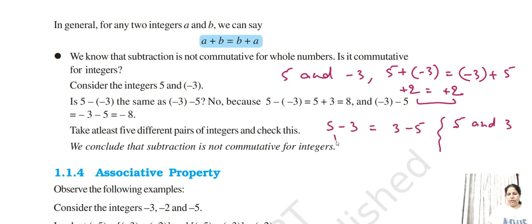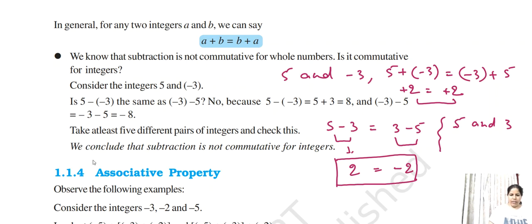So we will check 5 minus 3 and 3 minus 5. Here I got 2, but in this case we got minus 2. So 2 is not equal to minus 2. So we can say that subtraction is not commutative for integers. Addition is commutative for integers, but subtraction is not commutative for integers. Okay.